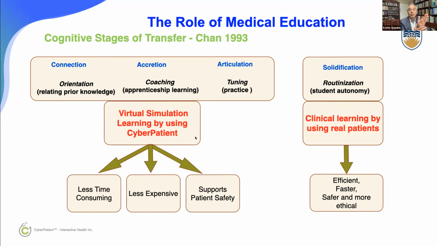And when students are ready for clinical, when they're in the stage of solidification, routinization, we can move them to the clinics. Nobody says that a virtual environment would replace clinical teaching or that mannequins would replace clinical teaching. This is insane. Nobody's saying that. What we can say is that you have to prepare students better. Better competent students should go.